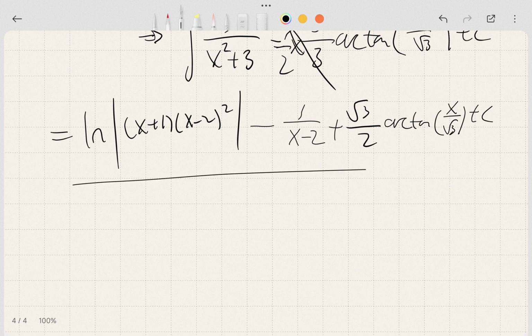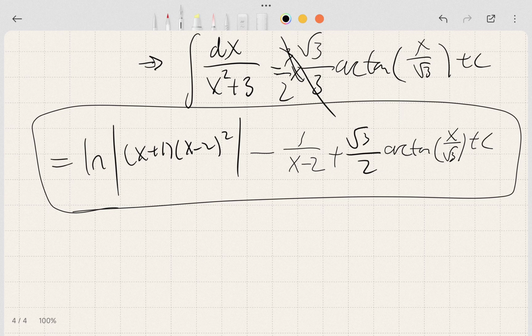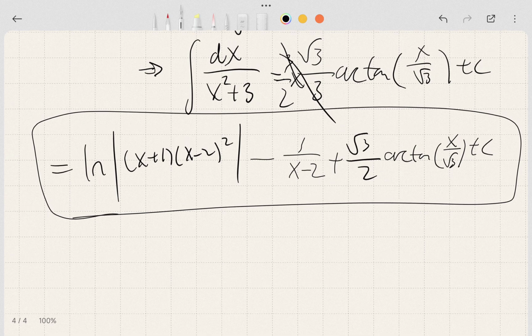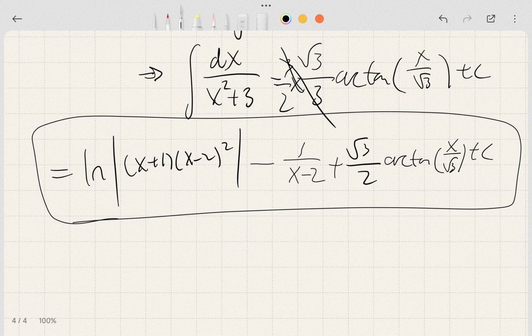So this should hopefully be the answer to this incredibly complicated integral.